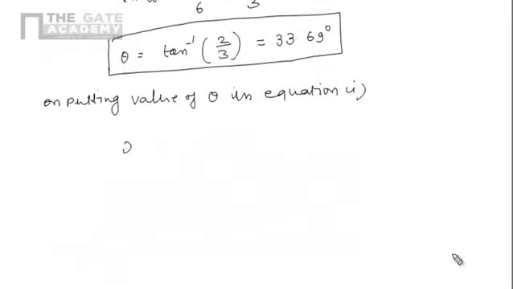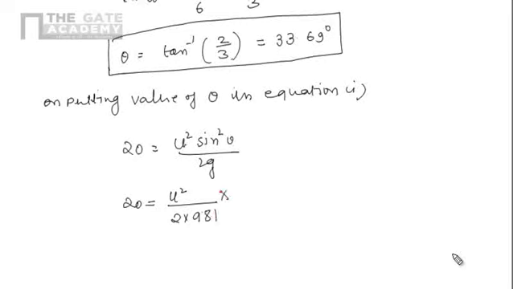we get 20 equals u square sine square theta by 2g. We have 20 equals u square by 2 into 9.81 times sine square of 33.69.